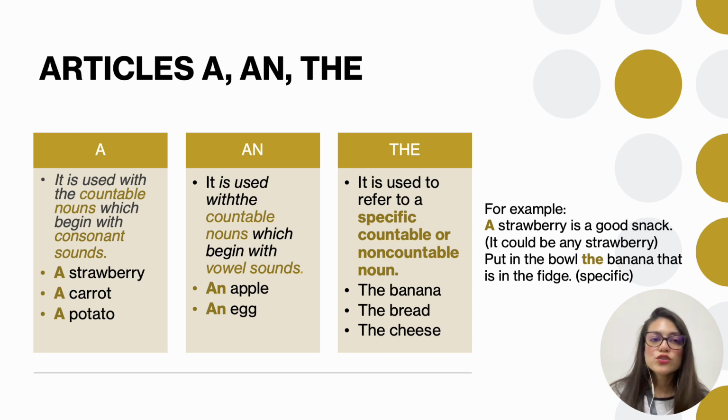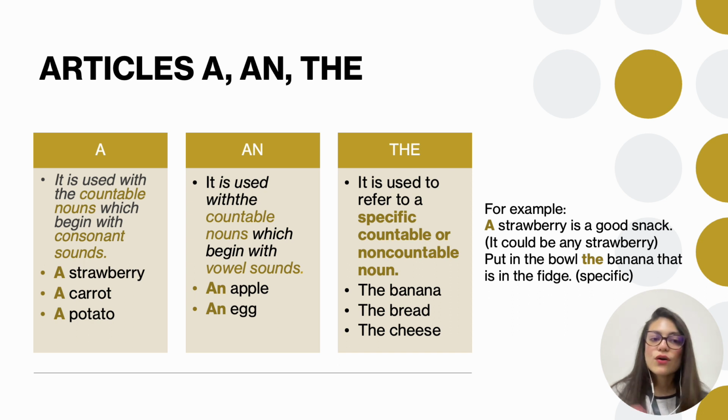And we're going to use the article an with the countable nouns which begin with vowel sounds. Again, vowel sounds, no letters, sounds, okay? For example, an apple or an egg.